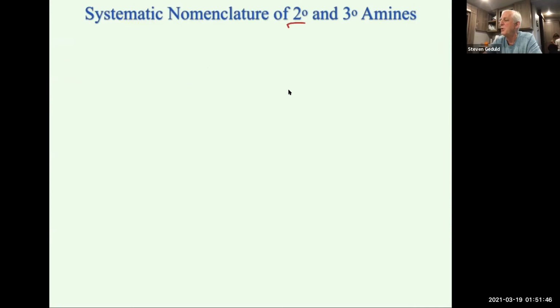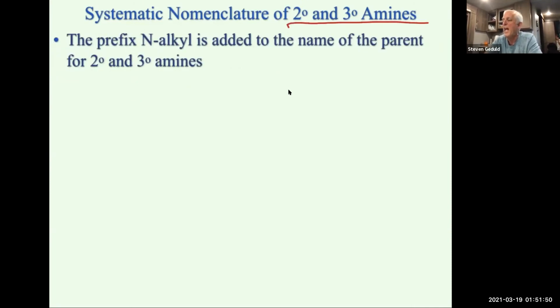Now, secondary and tertiary amines are a little bit different. Those were primary amines. We add an N to let people know we're going to name a different part of the amine group. If we add 1 N in front of the name, it's a secondary amine, because there's an extra alkyl group attached. If we add 2 N's in front of the name, it's a tertiary amine, because there are 2 extra alkyl groups attached.